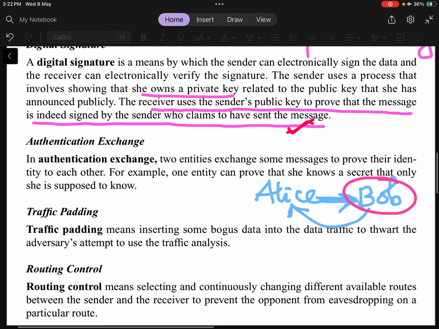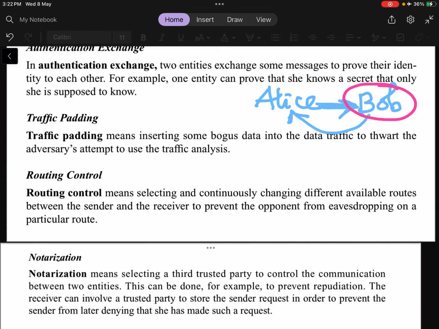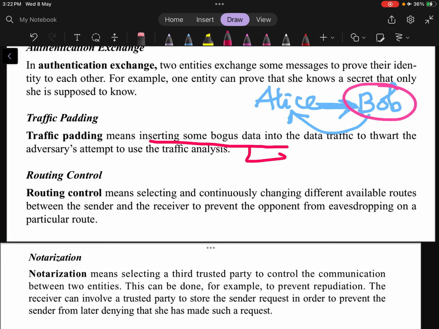Traffic padding. Traffic padding means inserting some bogus data into the data traffic to thwart the adversary's attempt to use traffic analysis. Very simple. What will they do? Some bogus data will be inserted by the sender of the data. Why will the sender insert the bogus data?